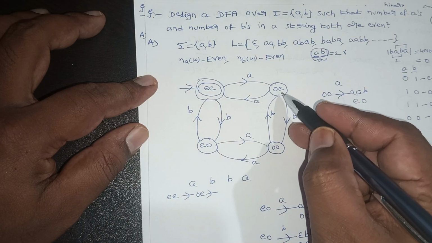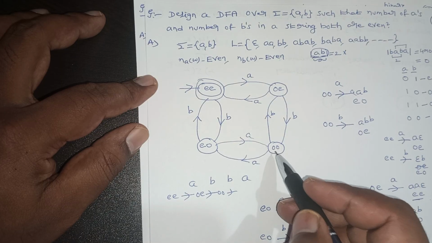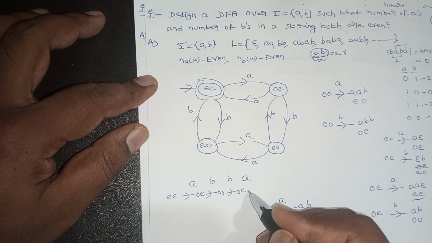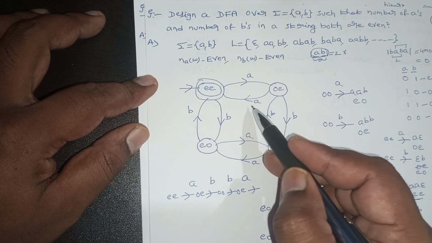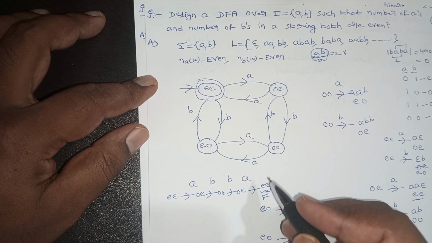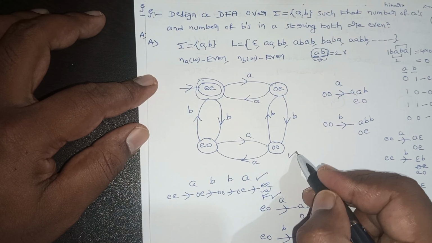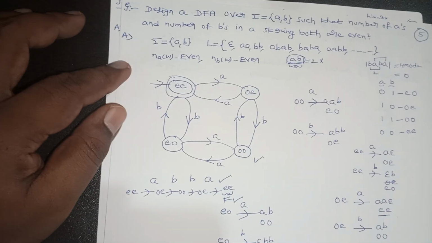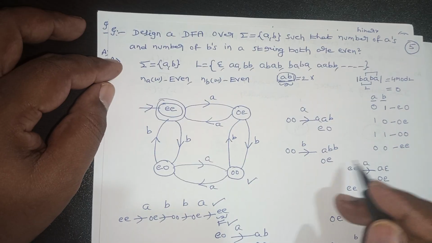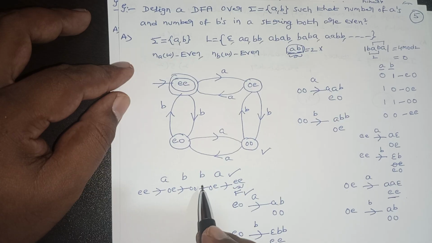OE on B, I go to OO. OO on B, I go to OE. OE on A, I go to EE. That is the final state, so the string is accepted. Also, I am reaching the final state. This is the correct DFA. In this way you have to draw the DFA. In the exam, you have to do everything like this, and along with that, you have to check whether the DFA is correct or not.